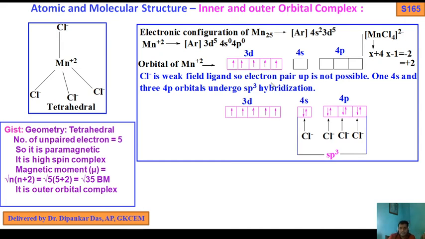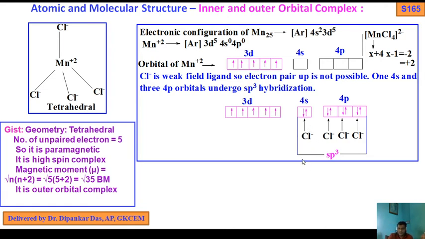Now the 3d orbitals contain 5 unpaired electrons. Why do these 5 unpaired electrons not pair up? Due to the weak field nature of the Cl- ion, it is incapable of pairing up these electrons. So there are no vacant 3d orbitals, so there is no question of taking part in hybridization of 3d orbitals. So it will give the outer orbital complex. Now 3 Cl- donate electron pairs to the 3 4p orbitals and 1 Cl- donates an electron pair to the 4s orbital.